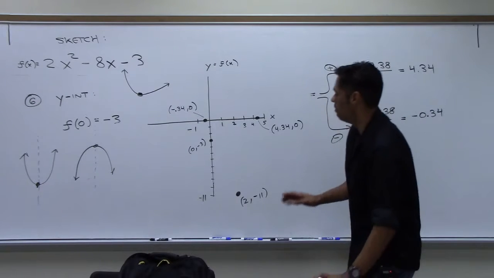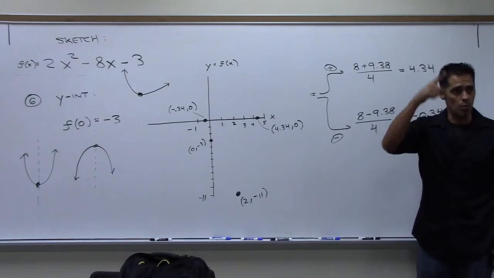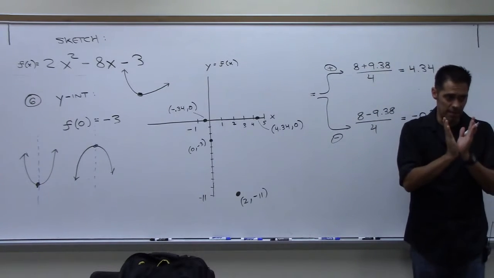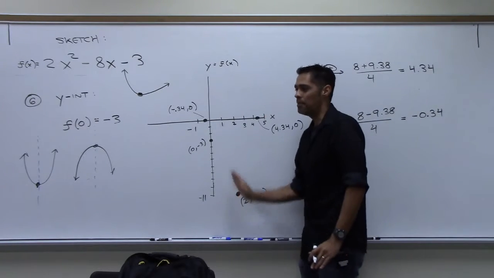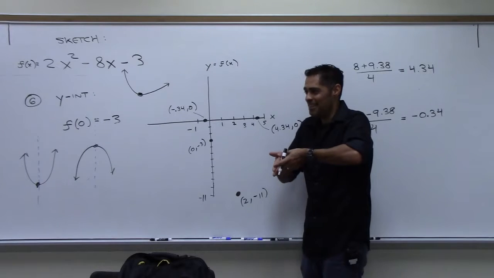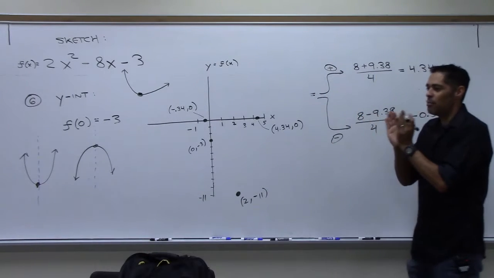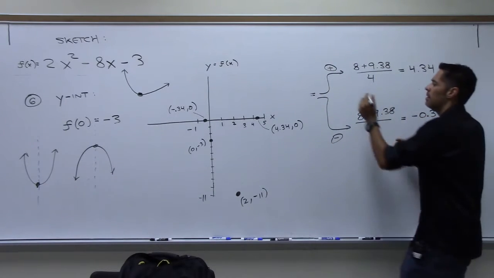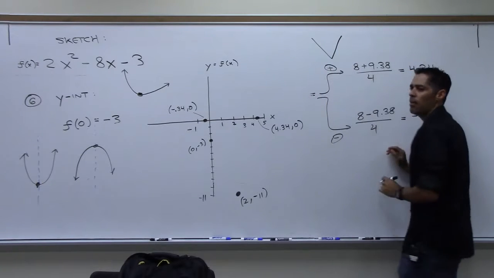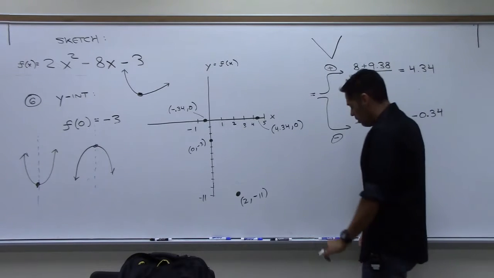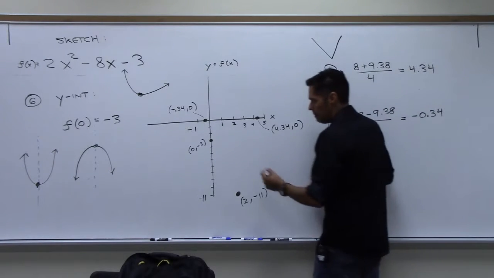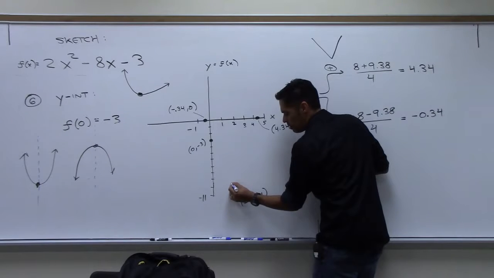And also, it needs to be a U and not a V. Cannot come down to a point in a corner, all right? You need to round it out, because that is a different graph, okay? That graph is the absolute value function. It's not a quadratic function.